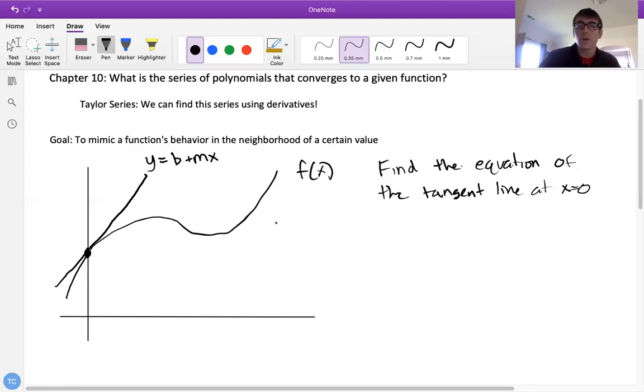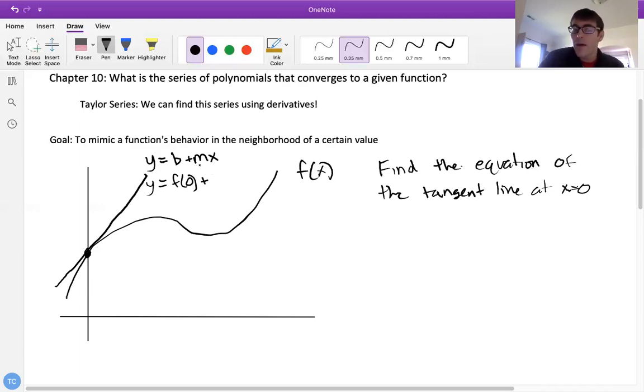We want this equation to have the same y-intercept as f of x. In other words, this b should just directly be equal to whatever our function f of x is evaluated at 0. We also want the slope of our line to match the slope of the function at x equals 0.